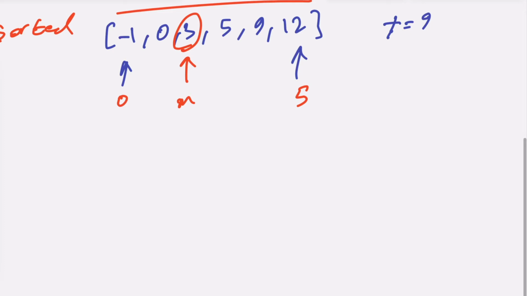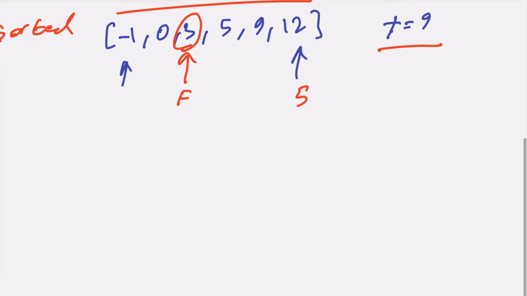Okay, now let's continue. We find out our object is not equal to the middle index, and also our target is bigger than the middle element. So the first pointer is going to change, and we are going to move it here. Now our first pointer will be at the 3.